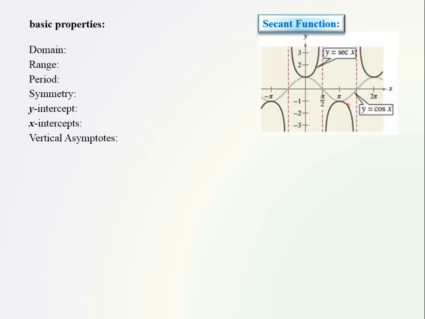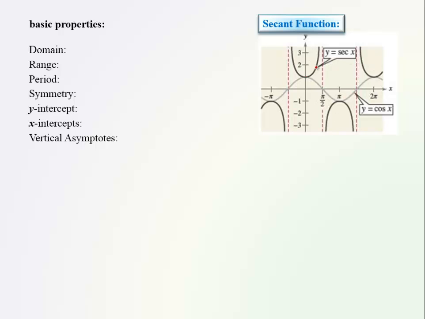Here's the secant function, which, as you remember, is the reciprocal of cosine. So if we have this gray line, which is cosine x, and we take each value of cosine and take the reciprocal of it, we create a graph of secant. So reciprocal of 1 is still 1, and we can't take reciprocal of 0. That's why we end up with asymptotes at the points where originally cosine was 0.